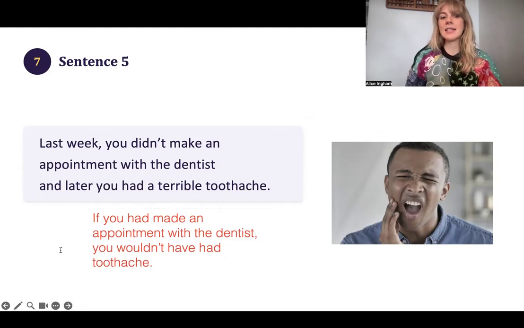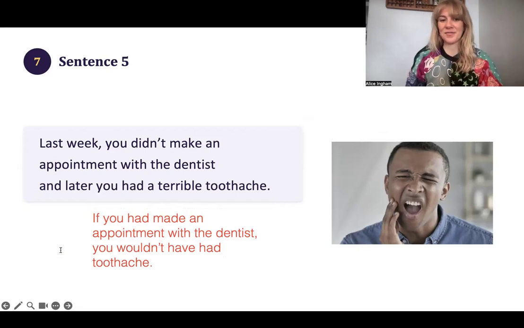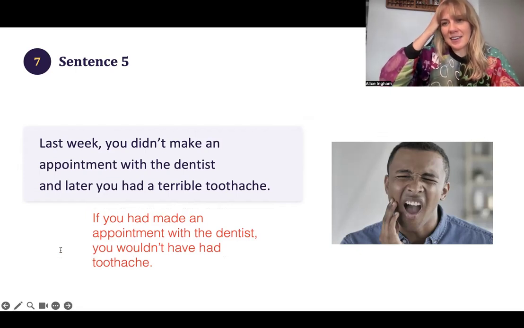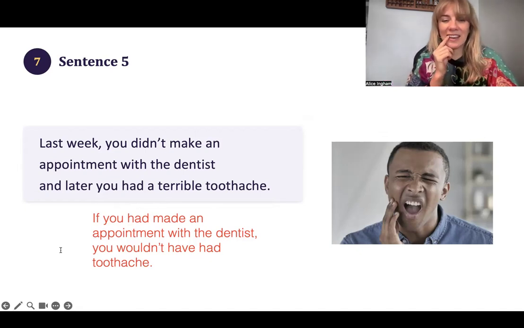If you had made an appointment with the dentist, you wouldn't have had toothache. Listen to the pronunciation of toothache, sorry. A-C-H-E, ache. So you might have a headache, stomach ache, toothache. It sounds like a K sound.